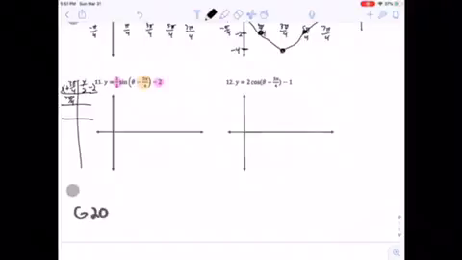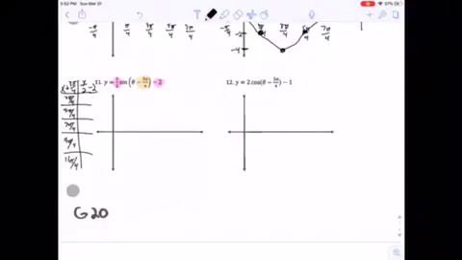Pi over 2 plus 3 pi over 4 is 5 pi over 4. And then pi plus 3 pi over 4 is going to be 7 pi over 4. And as you can see, that pattern, we're always going up 2 pi in the numerator. And so we'll finish at 11 pi over 4.